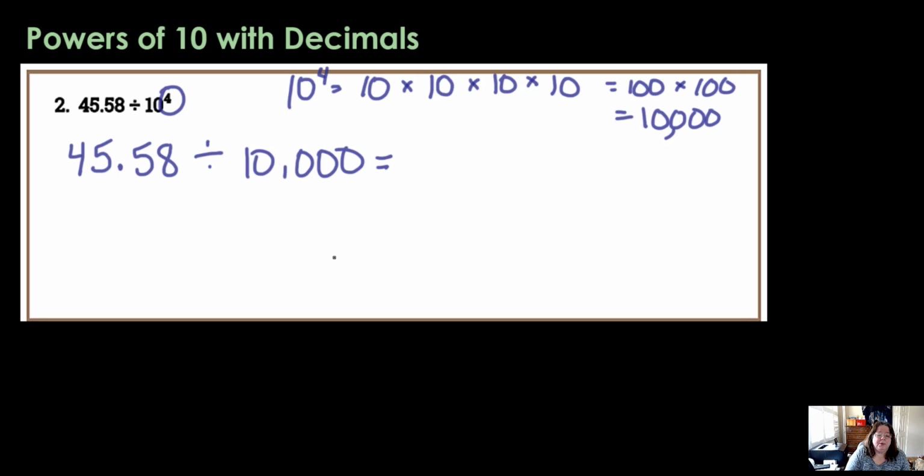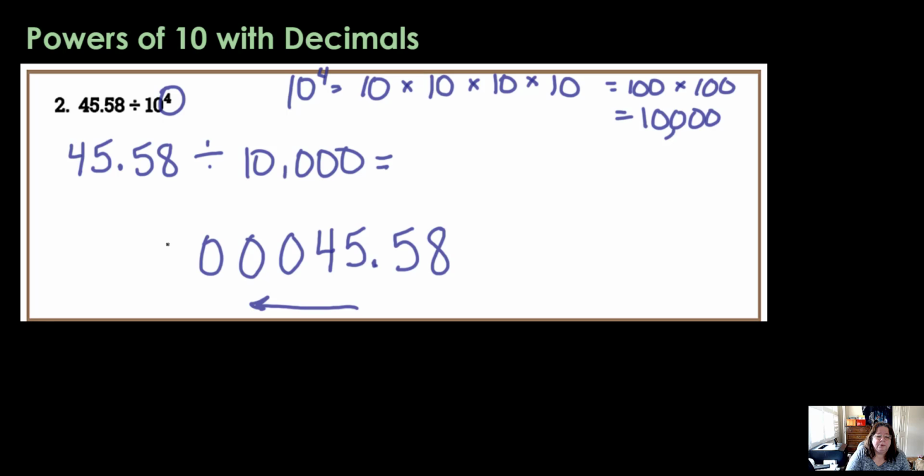Okay. Well, this time I'm going to write my number, 45.58. And I'm just thinking of it as the number. Now I'm going to put some zeros. I know I'm dividing, so I know my decimal point is moving this way. I probably won't need them all. I'm just going to put 4 zeros this way. 1, 2, 3, 4.